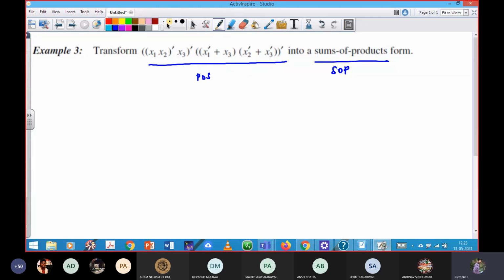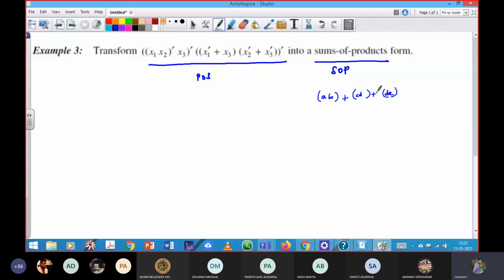See here all the terms are totally three terms. Three terms are in the product. Maybe it is not in the form, but you may have the term like this. You are going to convert this into a proper form, that is sum of the product. Sum of the product means you can have the multiplication inside them, that means AB, CD, DE.